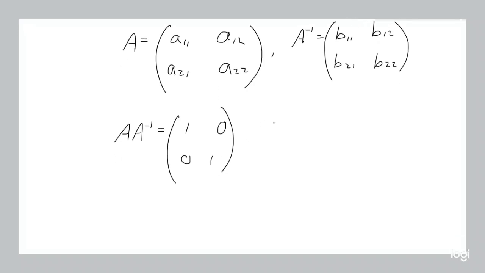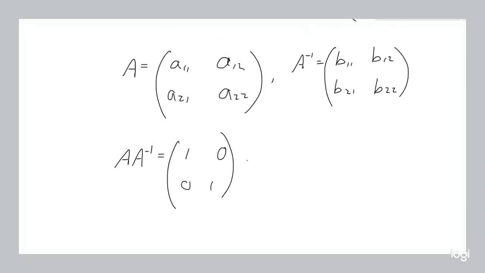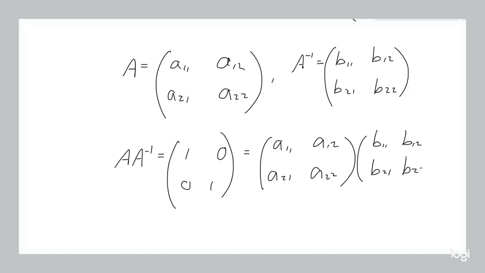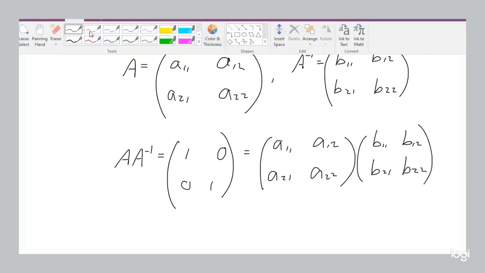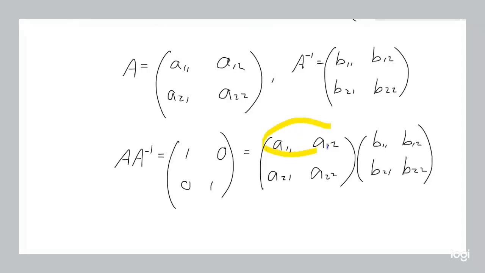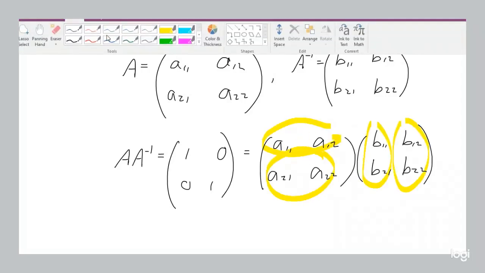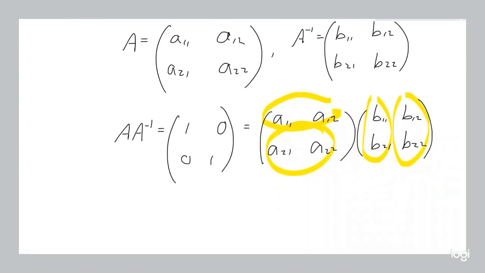If we put this in general form and take those associated dot products, these rows with these columns, we get the following.